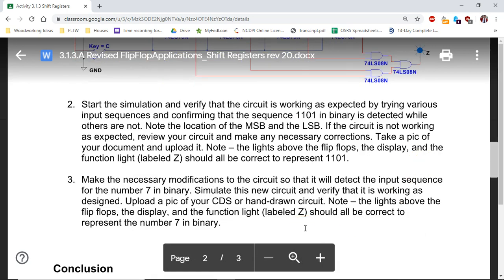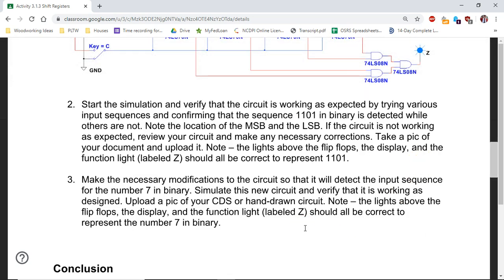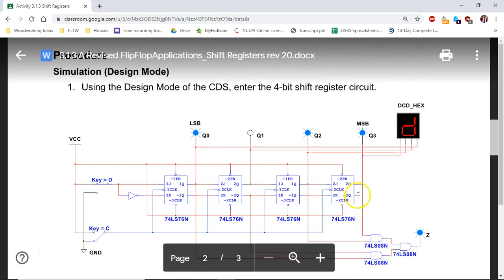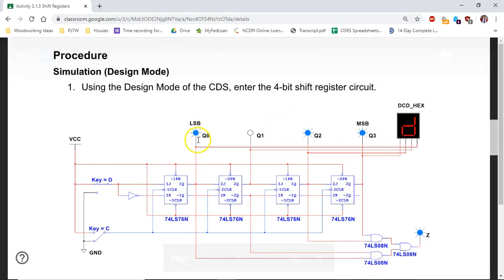So your activity says to make necessary modifications so that the circuit will detect an input sequence for the number 7 in binary. Well, if we have 4 bits, this is 2 to the 0, 2 to the first, 2 to the second, 2 to the third. 2 to the third is 8, so this should be a 0.